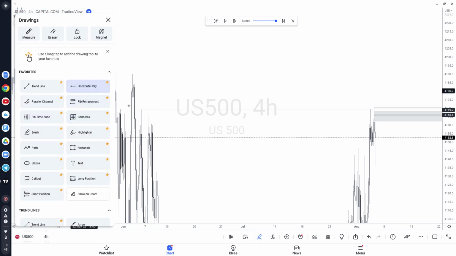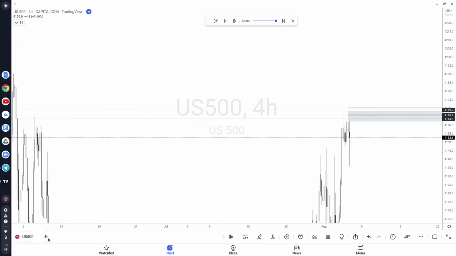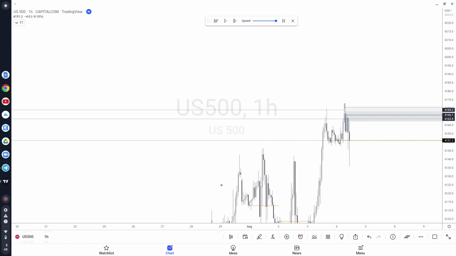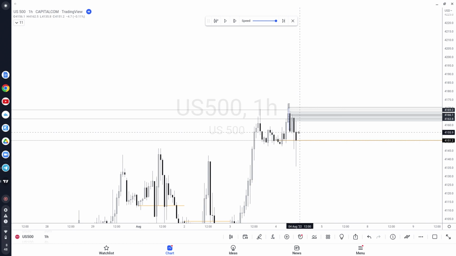I'm just trying to find the area of where I'm kind of showing you guys the old areas of imbalance. Switch to an hour. So remember, this is at 4-hour. Here, I'll place it in red.